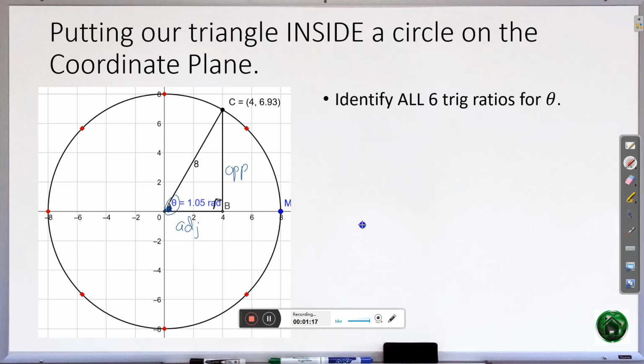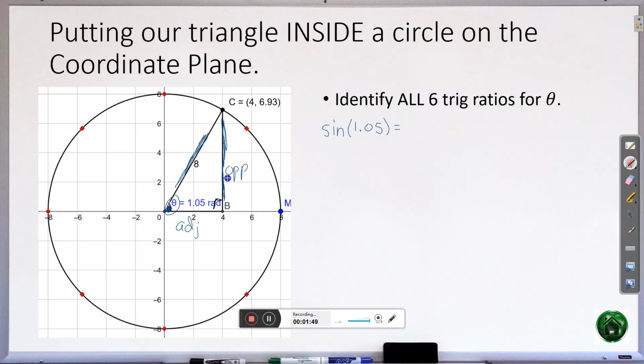And so if we want to take a look at what all our trig function ratios are, we'll use the vertical value and we'll use the horizontal value. So let's start off with the original three, sine, cosine, and tangent. So sine of theta, so my theta in this case is 1.05, is equal to the opposite, this one right here, over the hypotenuse, which is right here.